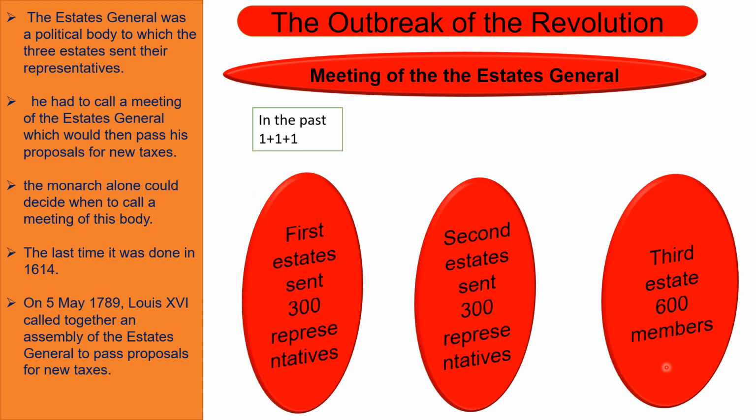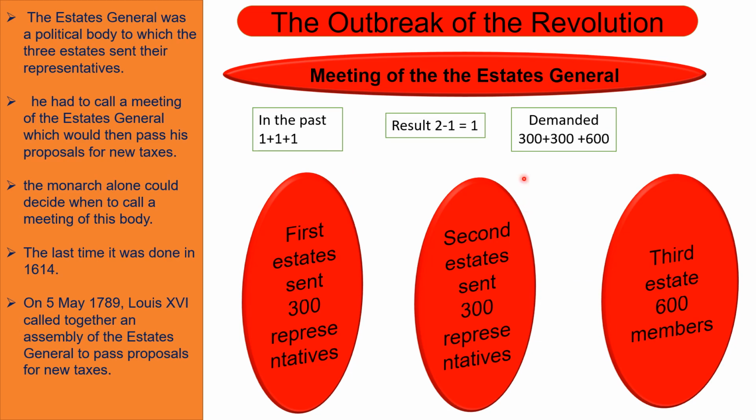Voting in the Estates General in the past had been conducted according to the principle that each estate had one vote, and the result was 2 to 1, because the first and second estates were always on the king's side, because they didn't pay any tax.